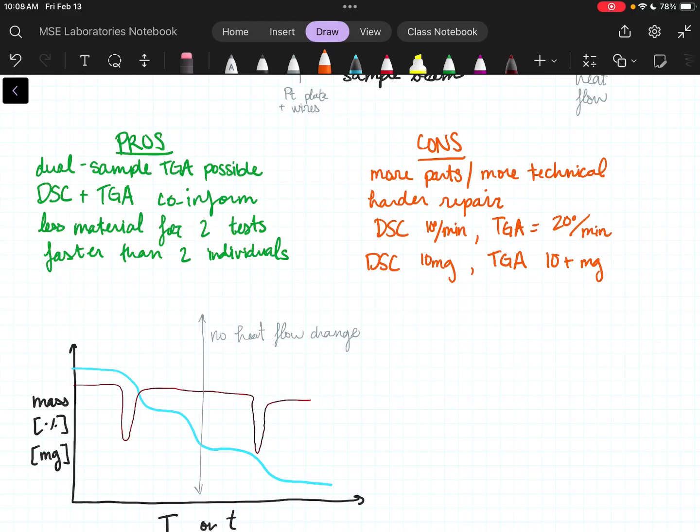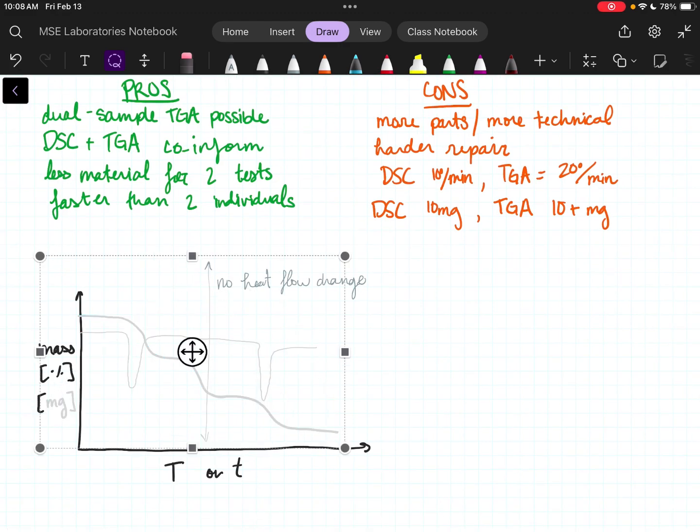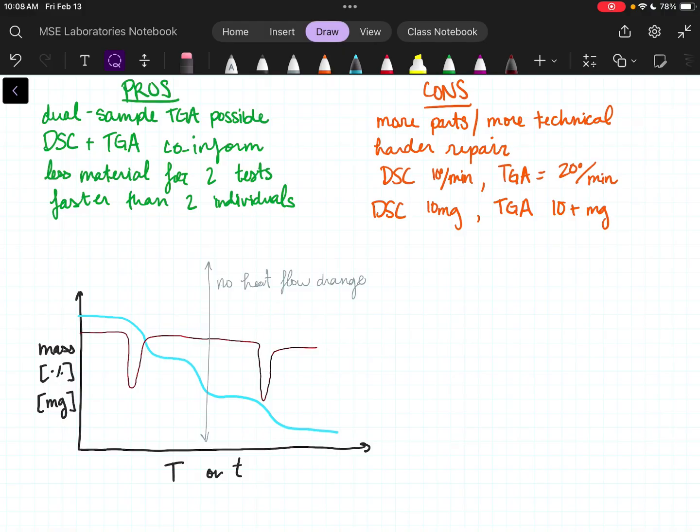Other cons is mass recommendations. So I talked about earlier, 10 milligrams is about what we look for. But let's say I am looking at a 0.01% mass change, and I have 10 milligrams of sample, the total number of milligrams that I'm actually going to lose is going to be really, really tiny, right?